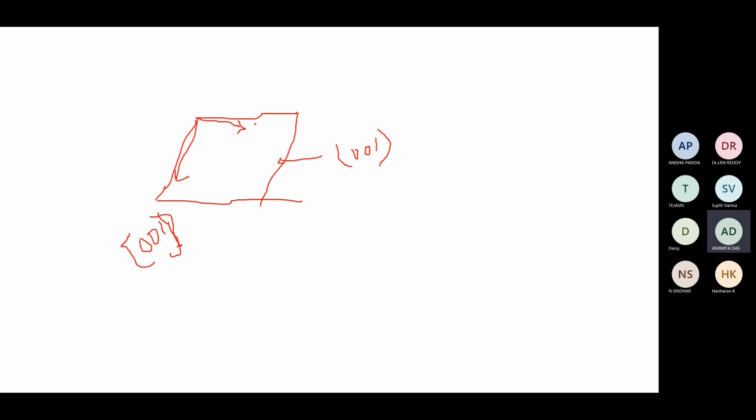This direction is 0, 1, 0. And one more direction is this one, which is 1, 1, 0. I'm not going to go into detail about these notations. These are the three directions.